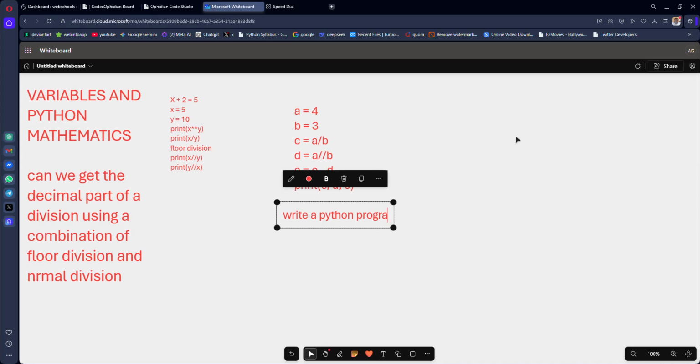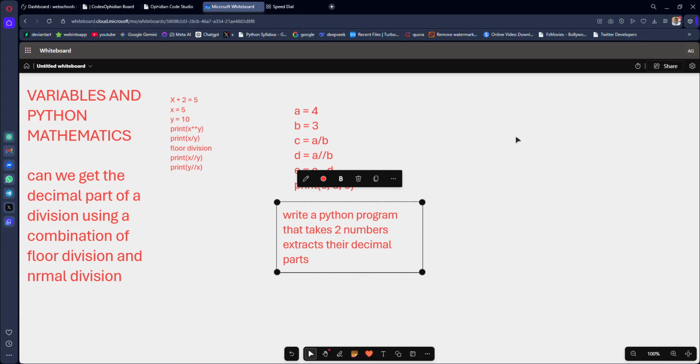Write a Python program that takes two numbers, extracts their decimal parts, and sums them up.